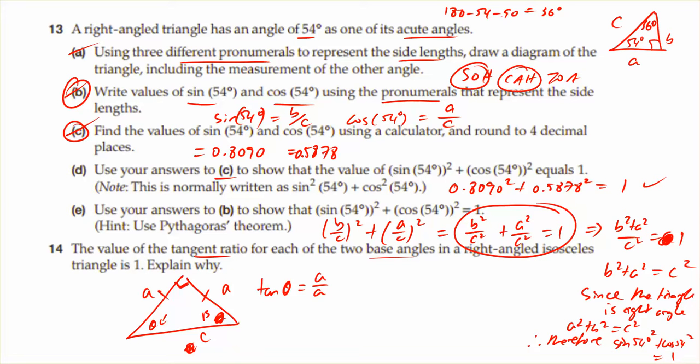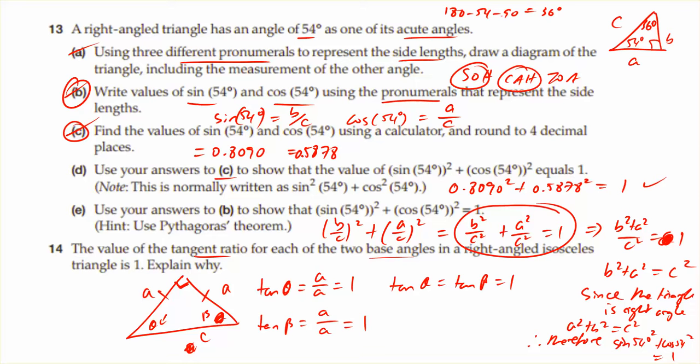So that equals 1. If I do the same thing for beta, tan of beta, I can see the opposite side is A, and the adjacent side is also A, so I get a ratio of 1. So we can see that tan of theta equals tan of beta, which equals 1.